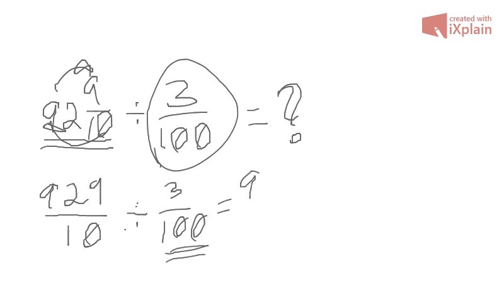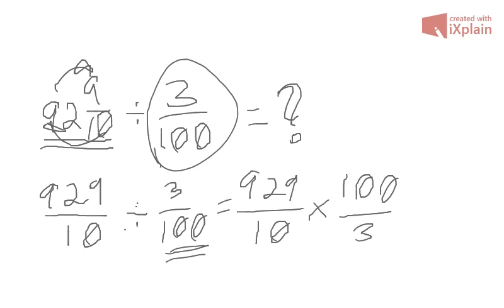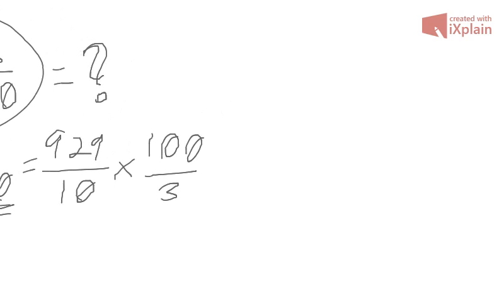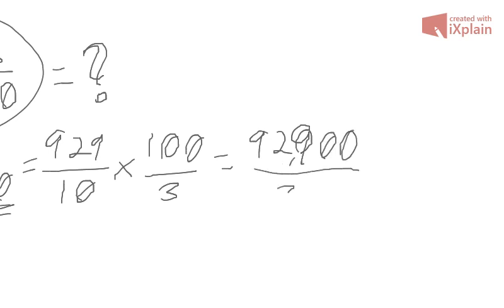So now we have 929 over 10 times 100 over 3. Once we have figured that much out, we're going to move right along to actually making the calculation. So you're going to multiply straight across and get a really big number there. But of course, all you have to do is just add the zeros behind the 929, put the 2 zeros in, put your comma in, over 30.